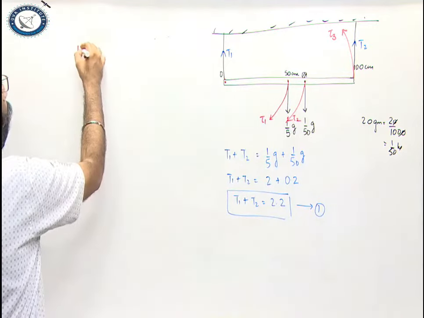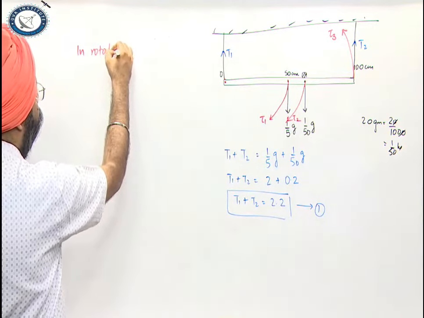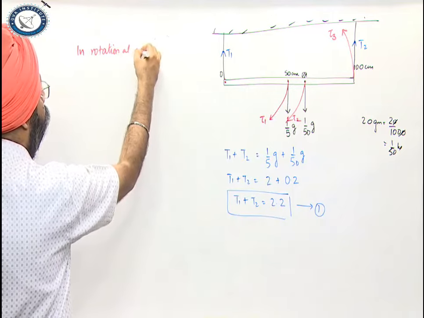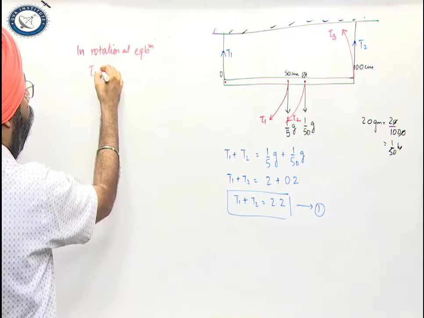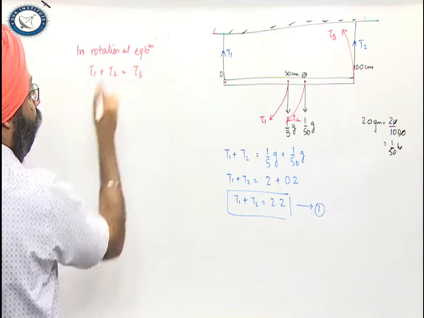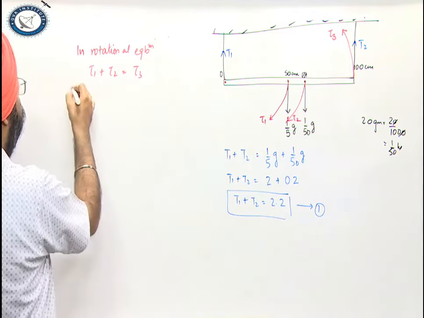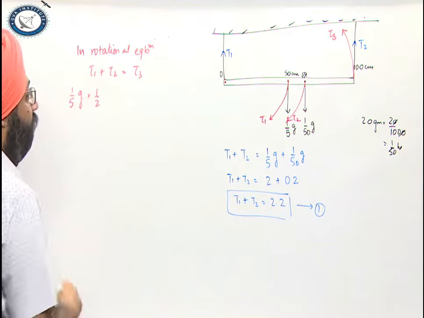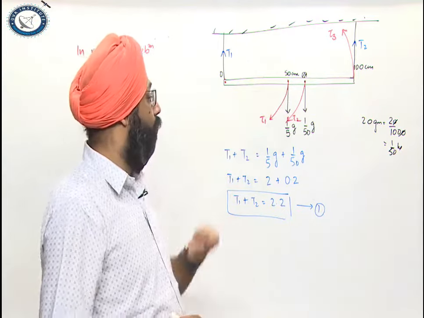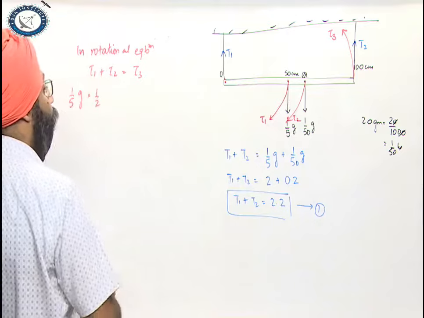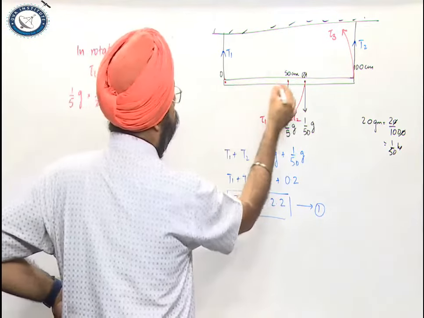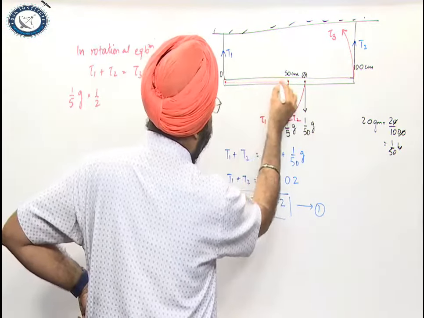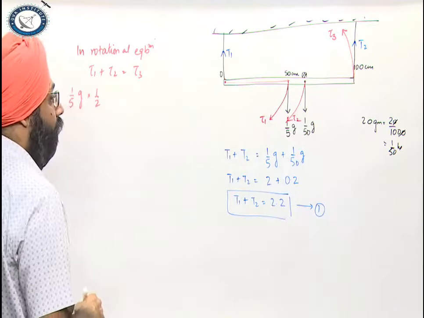So in rotational equilibrium, clockwise torque equals anti-clockwise torque. The torque from the 200 gram weight is 1 upon 5 G into 50 centimeter, which is 1 by 2 meter. This is the force and this is your perpendicular distance, 50 centimeter.